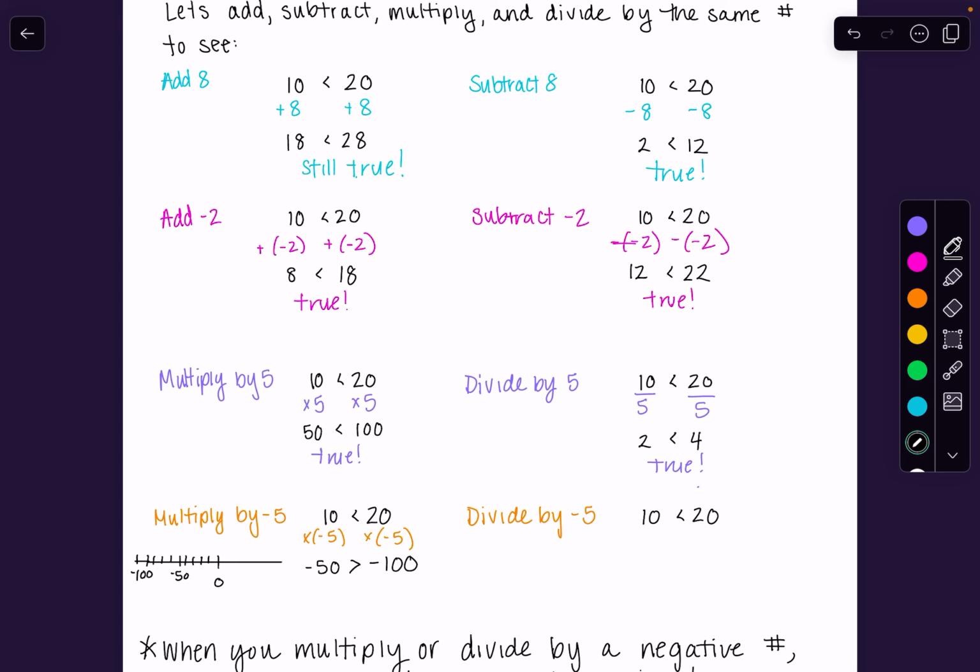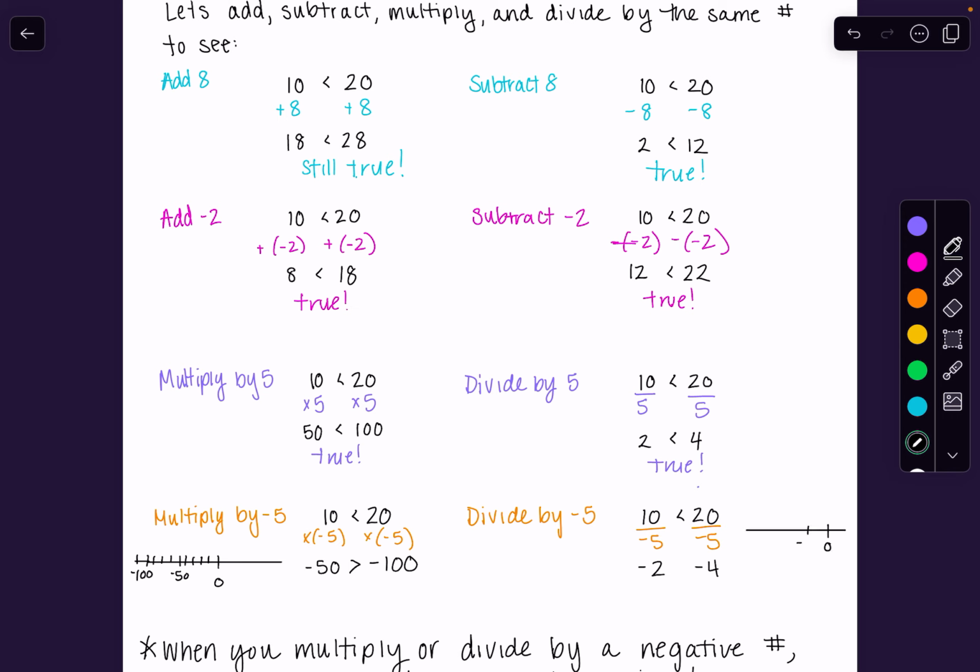So what actually has to happen in order for this to stay true, I've got to switch the inequality sign to the larger quantity. And it might be a little bit easier to see with this one if I divide both sides by negative 5. 10 divided by negative 5 is negative 2. 20 divided by negative 5 is negative 4. And this one's a little bit easier to see with a number line.